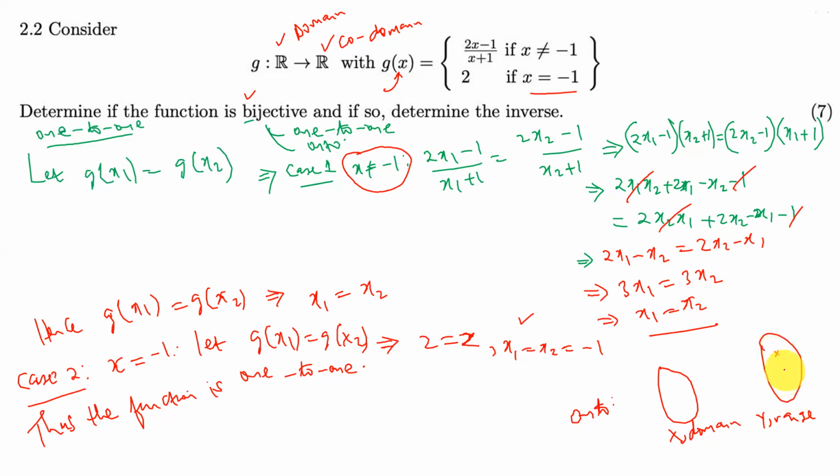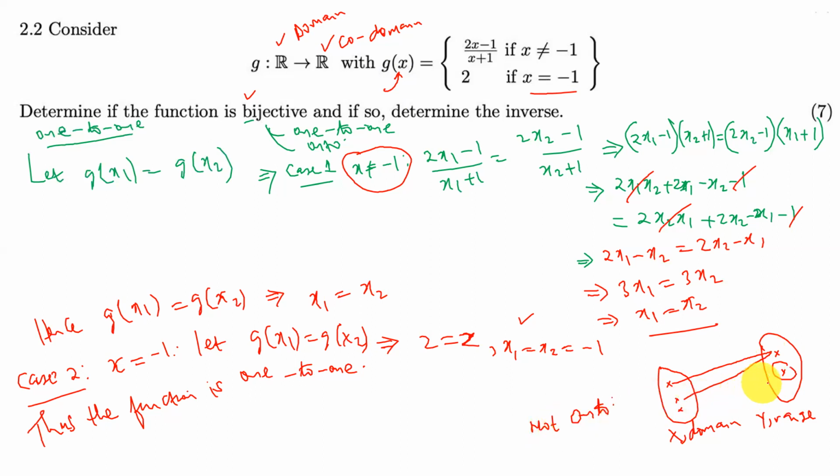Let's have points, so you can have points like this. So this function will not be onto because there's nothing that is coming here. Nothing. So this one is not onto.